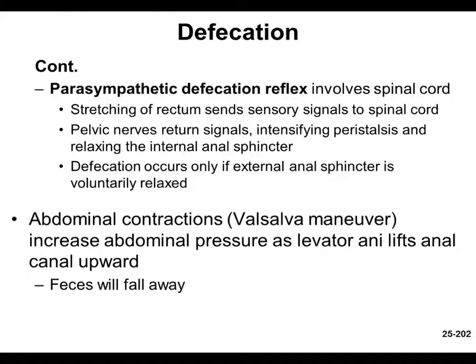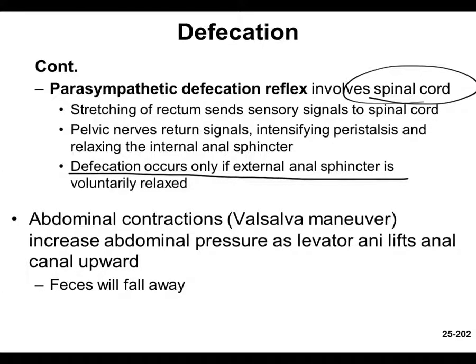Your parasympathetic nervous system is also involved with this defecation reflex, so your spinal cord is involved with this. Individuals with spinal cord injuries lose this reflex and so are not able to defecate on their own. Again, defecation occurs if the external sphincter is voluntarily relaxed, assuming you have control over that.